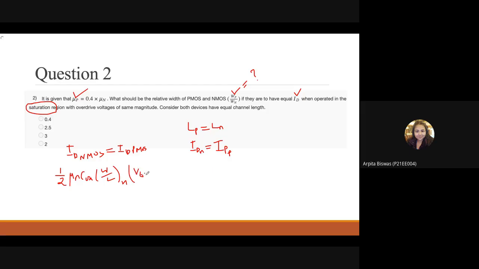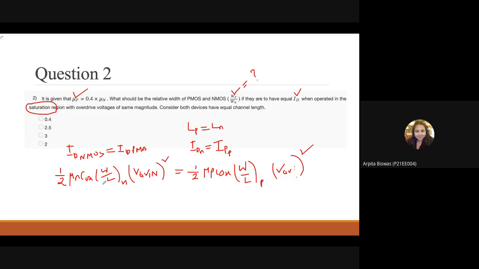I'm directly writing here the overdrive voltage for the NMOSFET, square, is equal to half of mu p COX W by L for P into overdrive voltage, VGS minus VTH for PMOSFET, whole square.